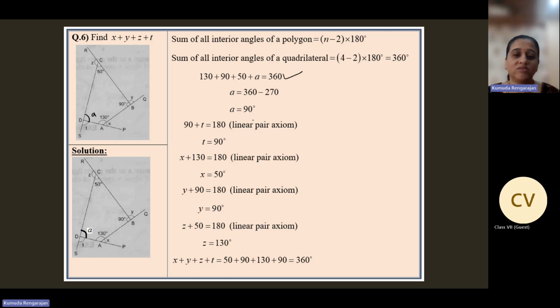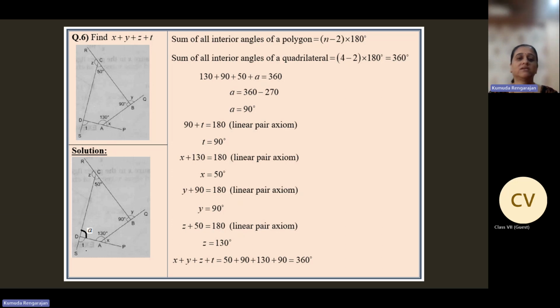So working this, you're able to find the measure of angle A. That is angle D, which is marked A. A is 90 degrees.